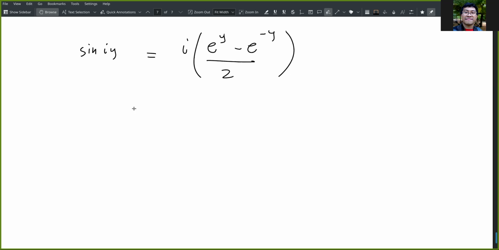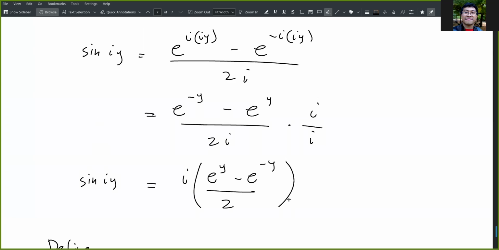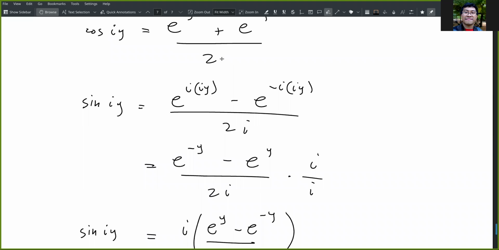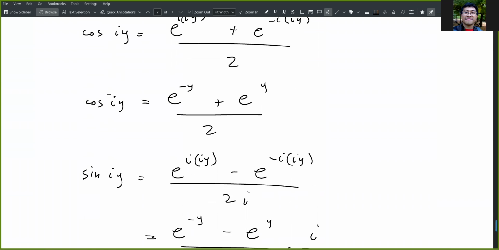Now let us define functions that are equal to this inside the parenthesis and this here. Or also we can set them equal to cosine of iy.